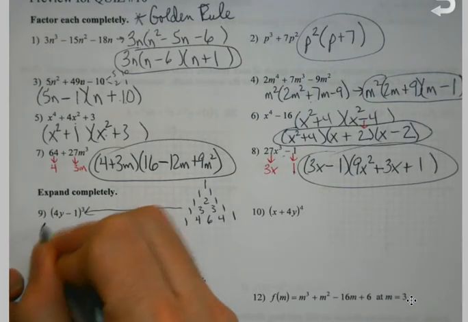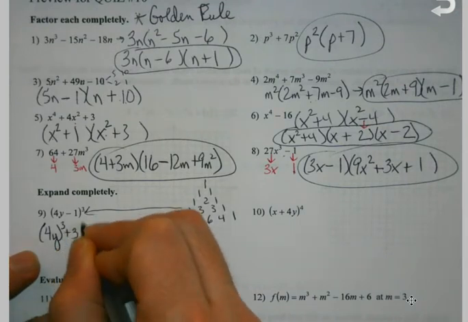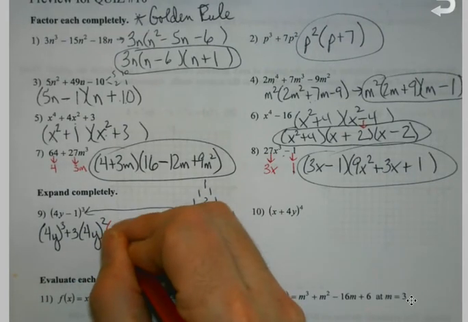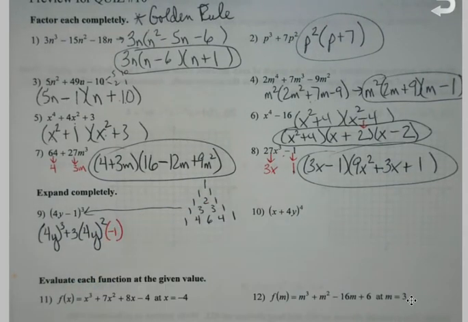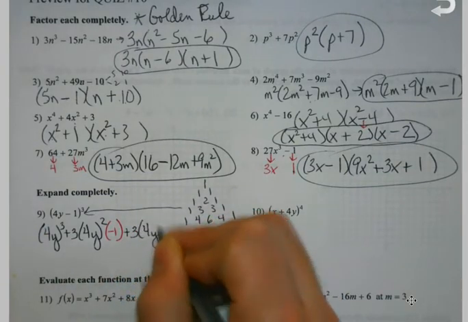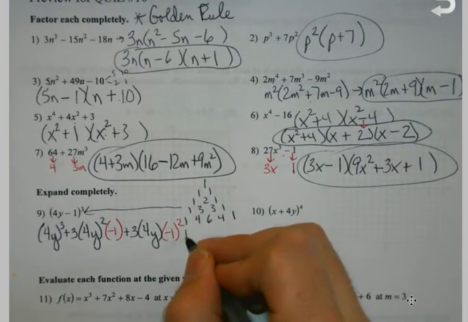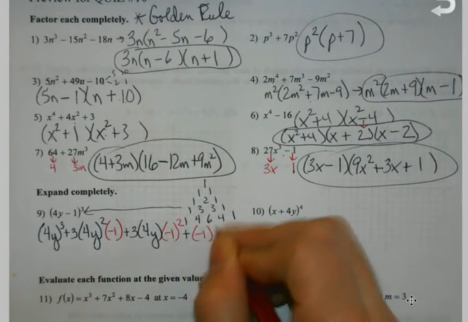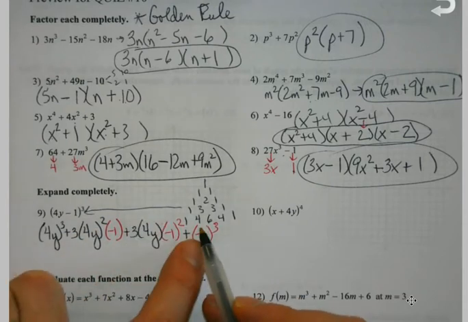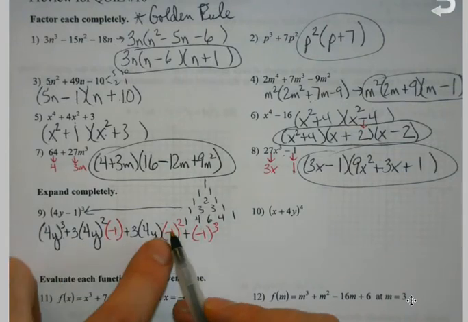So in other words, I've got 4y cubed plus 3 times 4y squared times my second term, plus 3 times 4y, my second term squared, and we'll talk about the pattern here in a minute, plus my second term cubed. 3, 2, 1, 0 as far as degree on my first term, and as far as my second term, 0, 1, 2, 3.